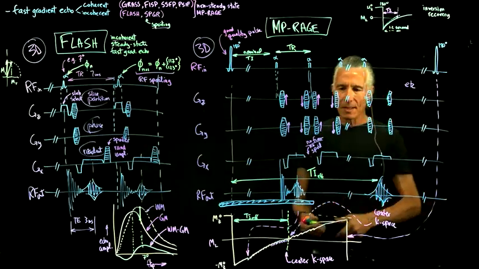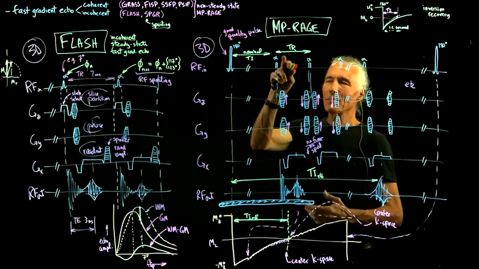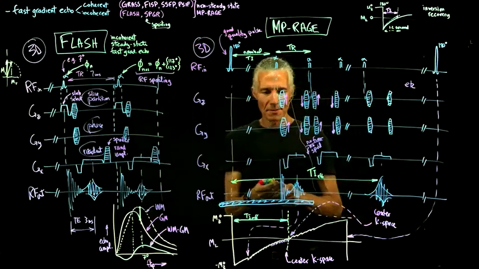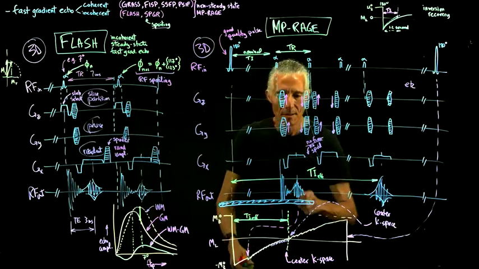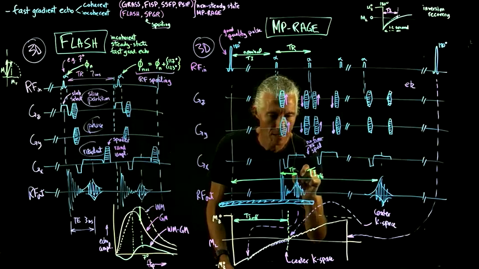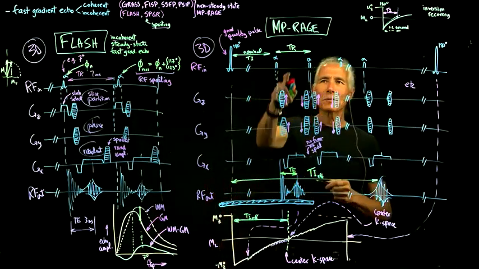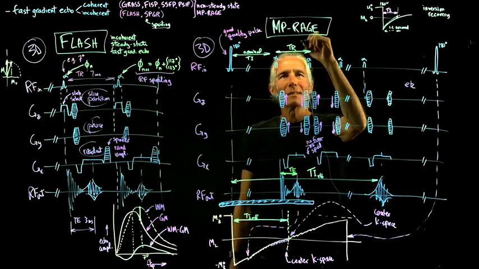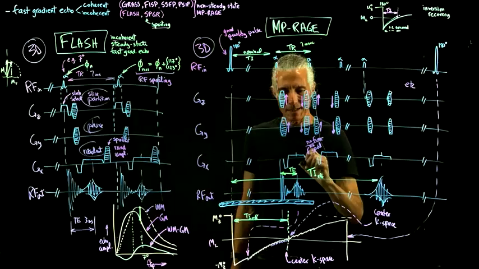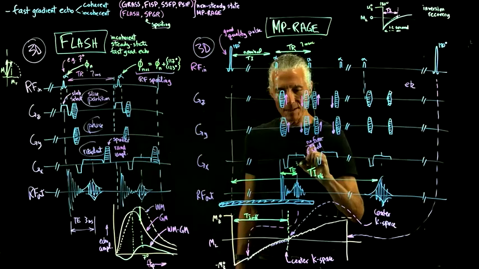So the other thing is if you're on a Siemens scanner, they don't call this the TR. So let's put the TE in here. So there's the TE. So the TR is going to be again something like 7 milliseconds, and the TE is going to be like 3 milliseconds.